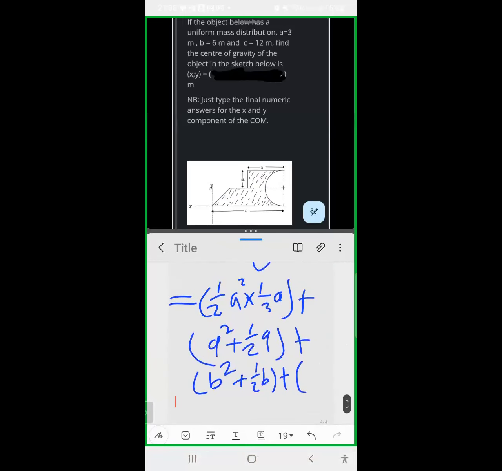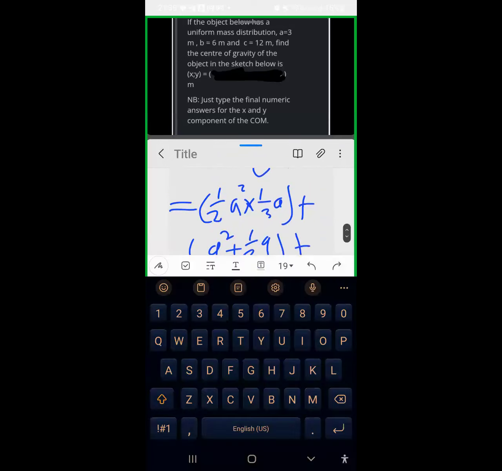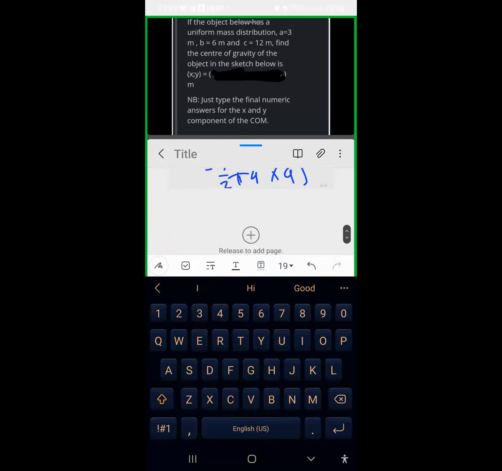So that is minus 1 over 2 pi a squared multiplied by a. So even here, you're going to substitute all the values of a and b.